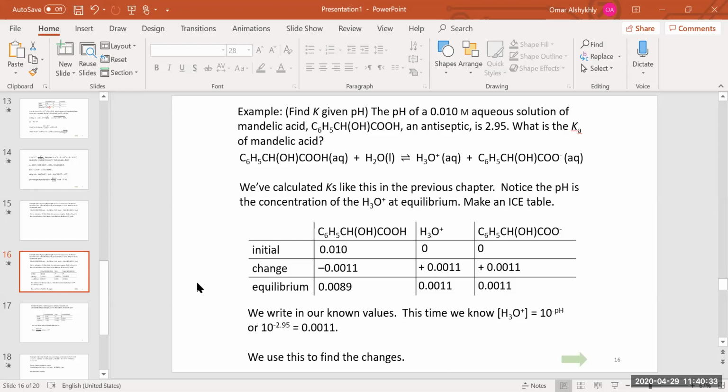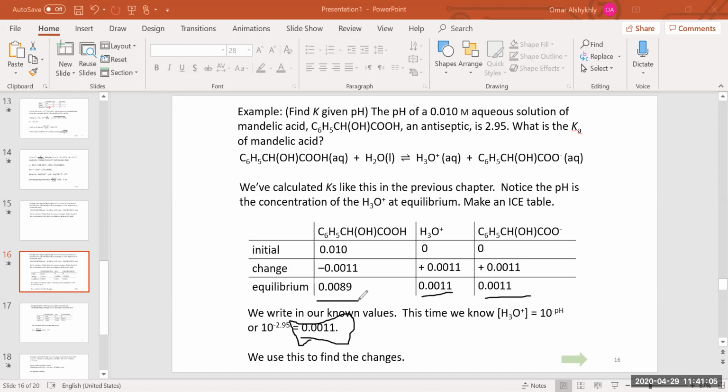Okay, so look at here. They found the concentration of H positive. It was 0.001. So here the X will be like this. This X will be 0.01. This one, after you subtract the X, will be this.